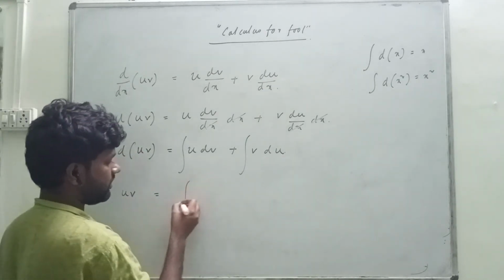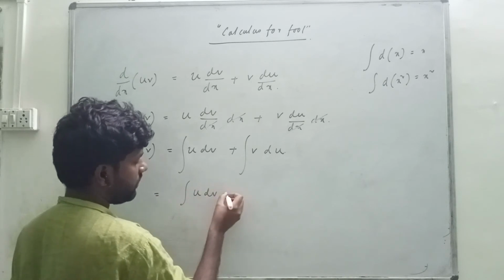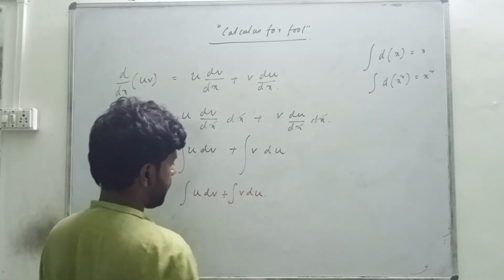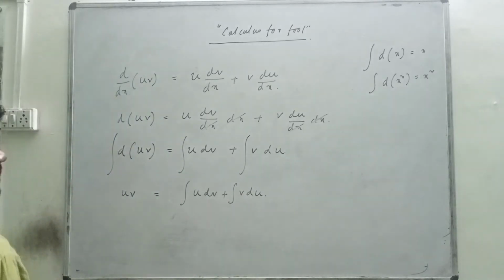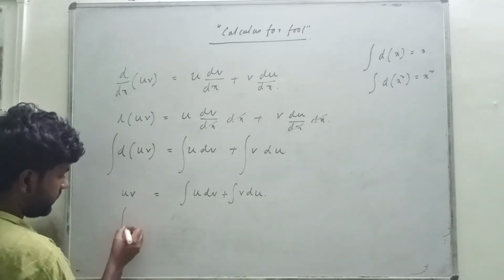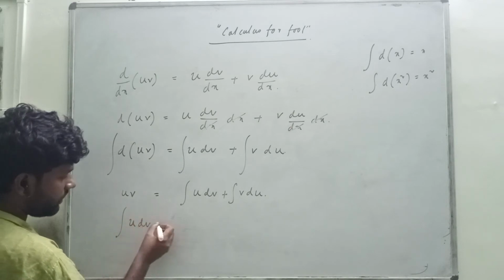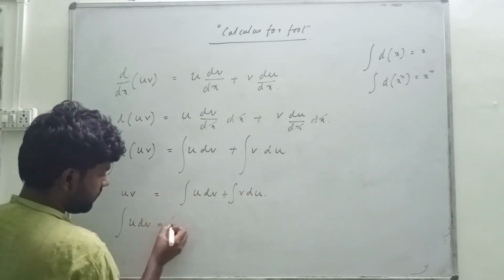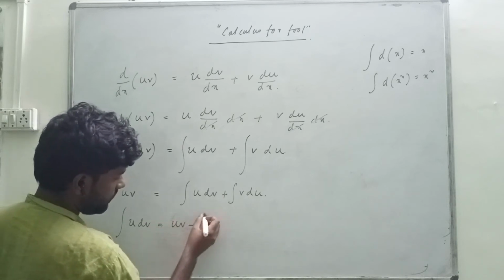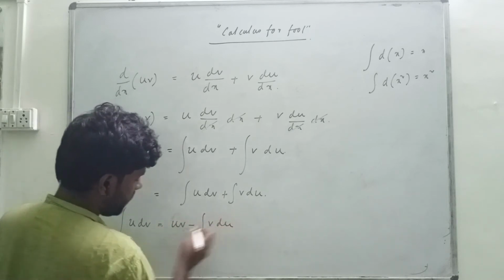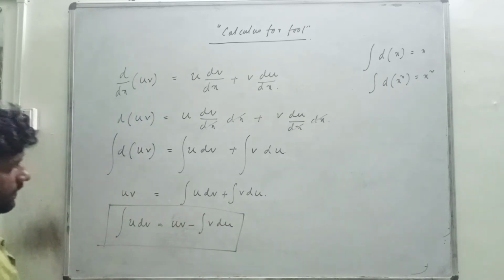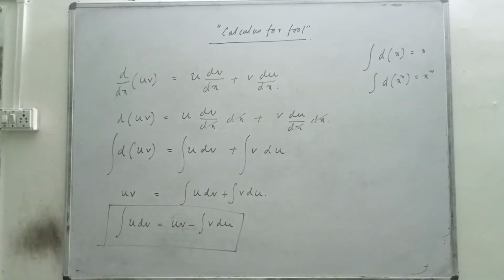And here is just integral of u dv plus integral of v du, right? So what is the integral of u dv? Just take it to the left: uv minus integral of v du. It is actually our by parts formula, right?